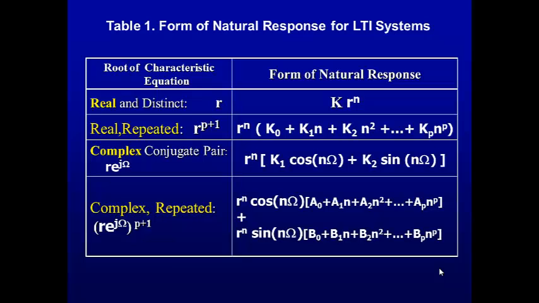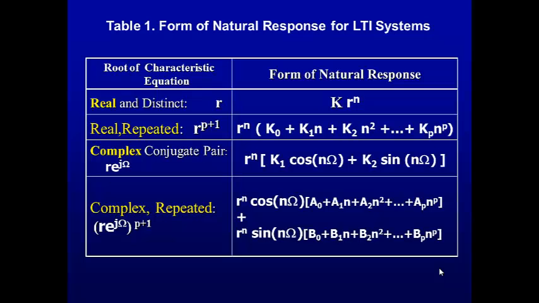All right. Well, how would we approach this? If we were finding a zero input response, we would say, okay, it's a natural response. Finding the form of the natural response using that kind of root, we go over to our table, and for a complex root, we take the magnitude raised to the n power with some unknown coefficients.